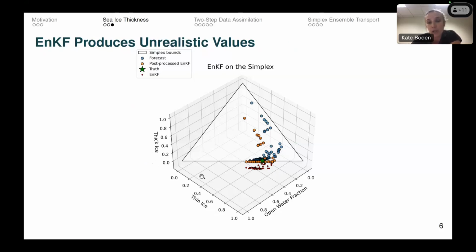So we're on a 2-dimensional simplex, which is the triangle. The EnKF will produce these values here, which are no longer on the simplex, so they're not respecting the constraint that we account for all the area in the grid cell. Of course, you could just project them back onto the simplex, and that's what's given here, the post-processed EnKF in orange. But this behavior suggests that there's a better way to describe these variables.